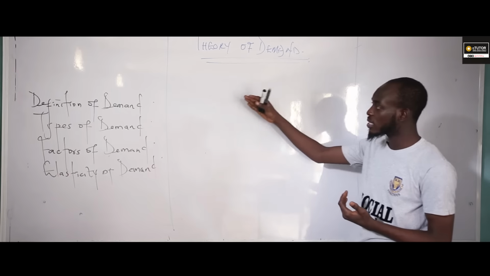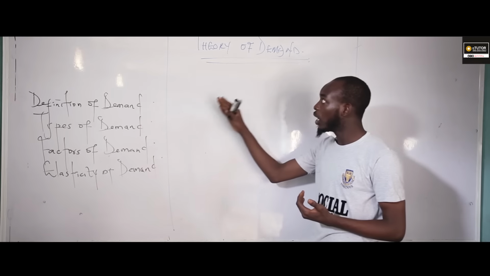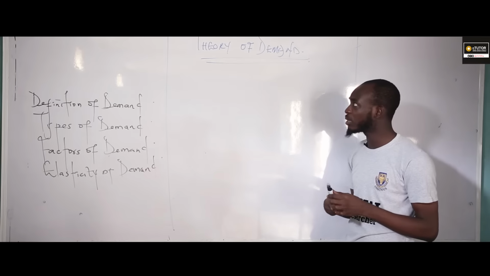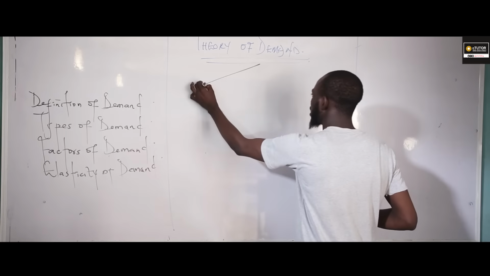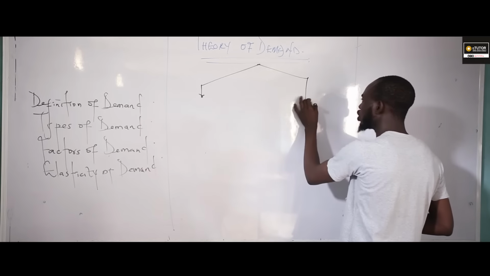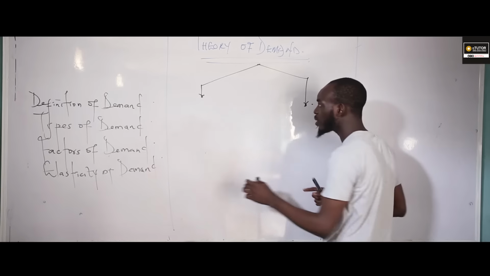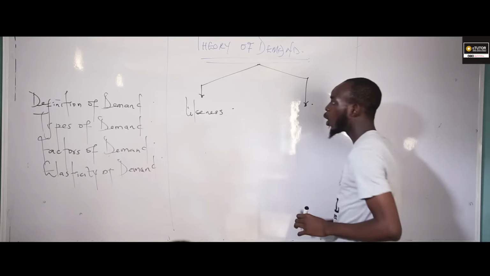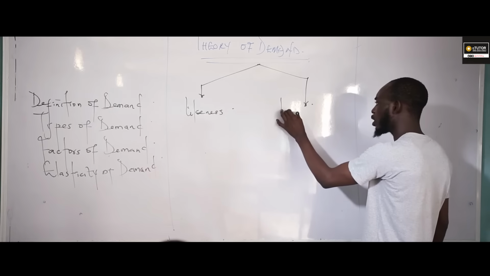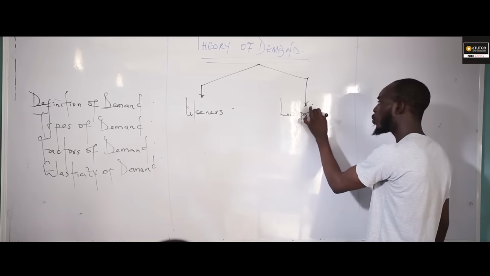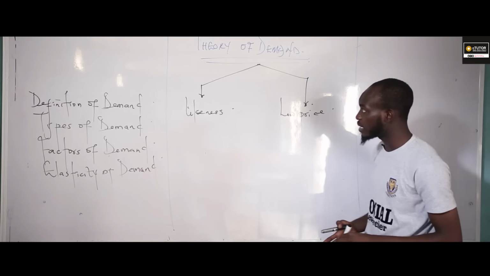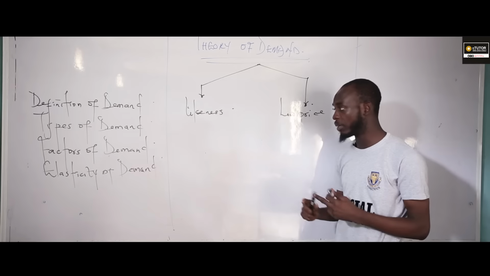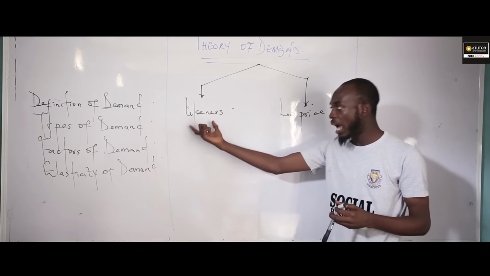Now, before we understand the definition of demand, we need to know the reason why people engage in demand. Am I communicating? You must know that people engage in demand just because of 2 things. The first thing is likeness.